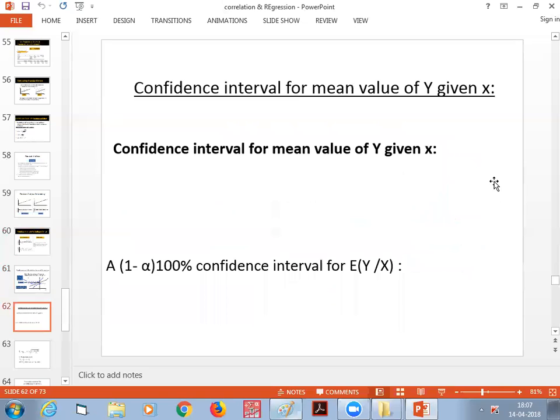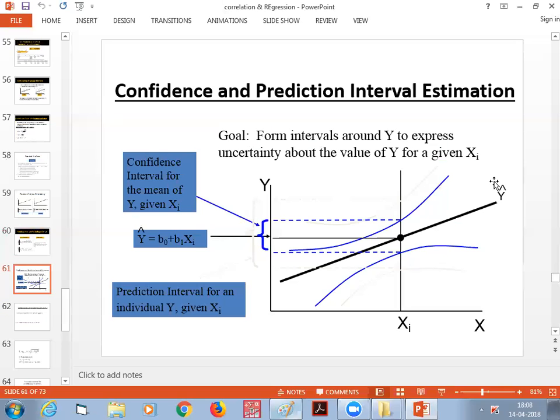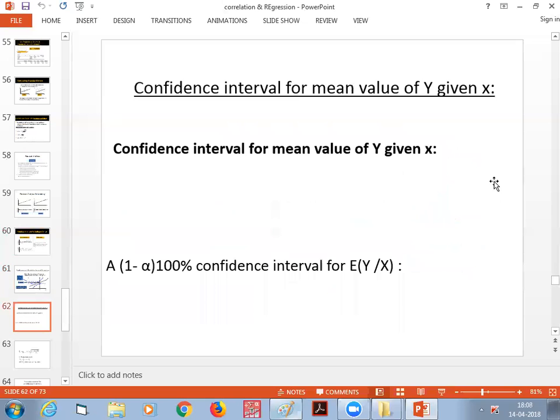Confidence interval for mean value of y given x. Here I have given the meaning of that confidence interval I just showed. What is the expression for that? That expression, of course, is not needed for you because you are not going to remember that, but as a part of the course, it is just highlighted here. So the confidence interval for the mean value of y for a given x is the 100 into 1 minus alpha percent confidence interval.